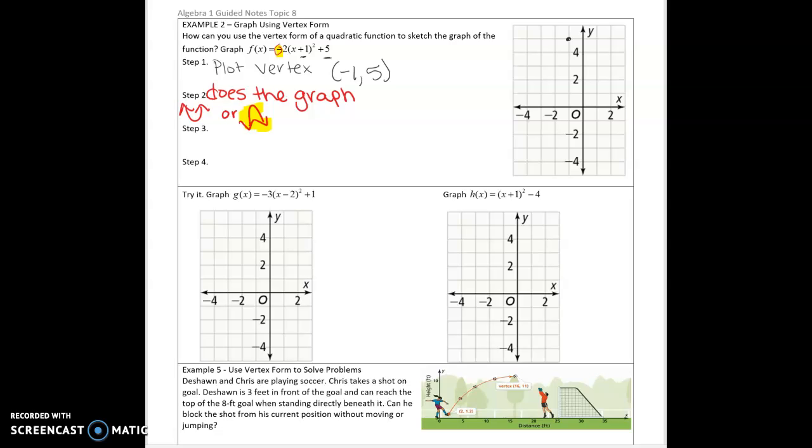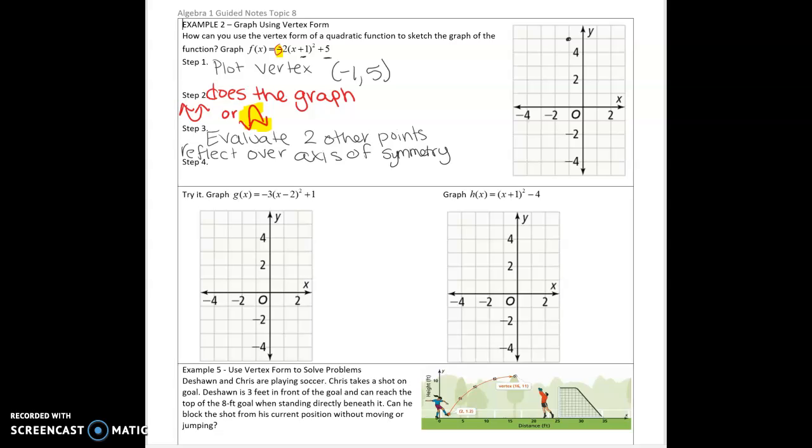So we're going to evaluate 2 other points and then reflect those 2 points over the axis of symmetry. So if you remember the other day, we talked about the axis of symmetry being on the vertex.